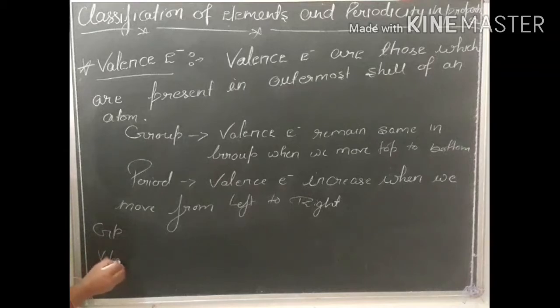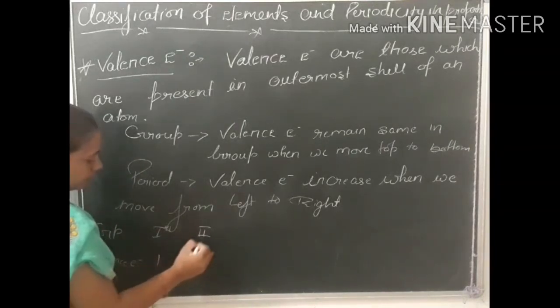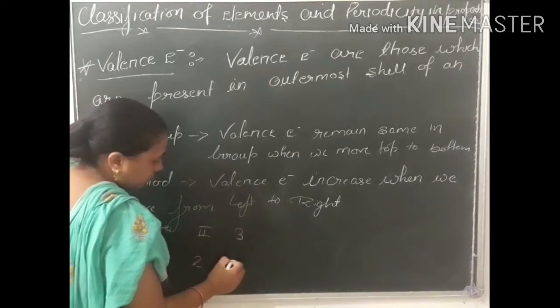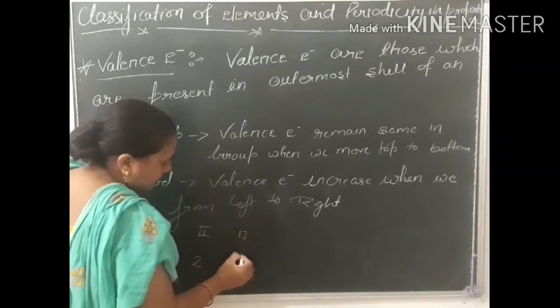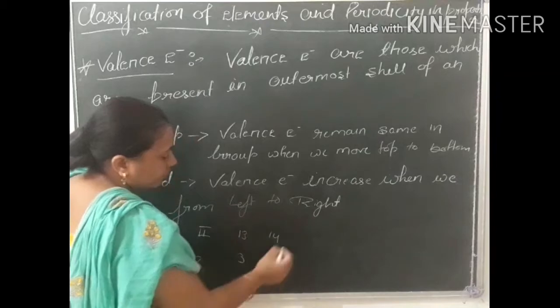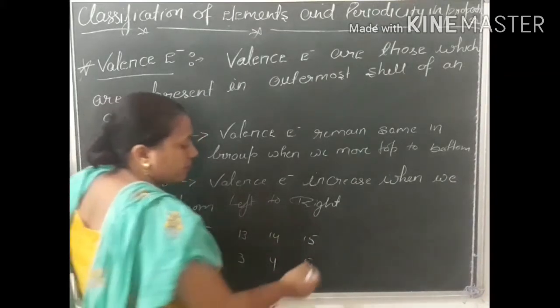Now here is group, here is valence electron. Group first valence electron is 1 and in group second valence electron is 2. In group 13 valence electron is 3. In 14 group valence electron is 4 and in 15 group valence electron is 5.